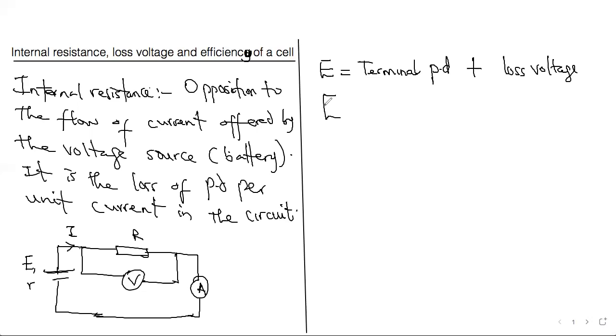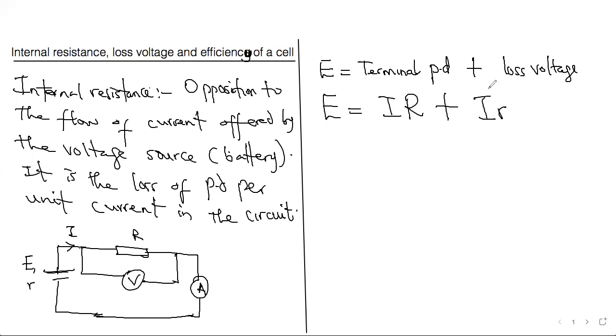So the E.M.F will then be equal to IR plus, and the loss voltage is the current multiplied by the internal resistance r.